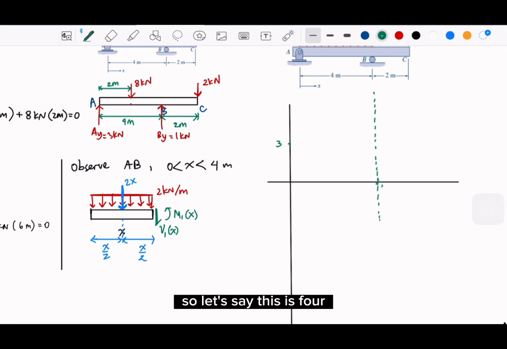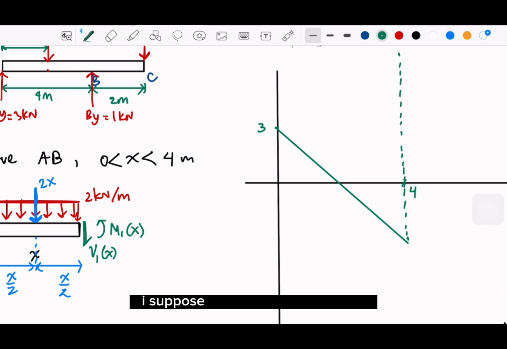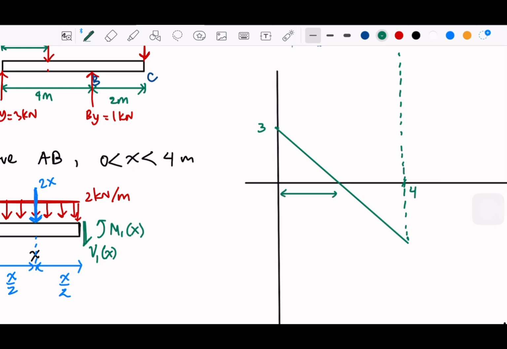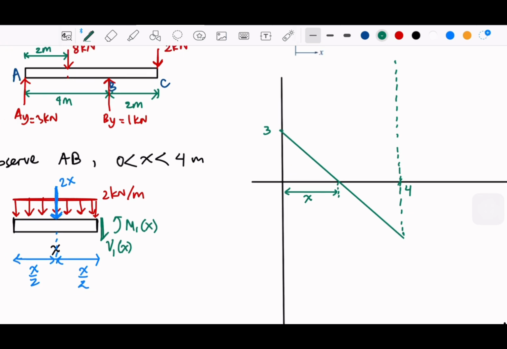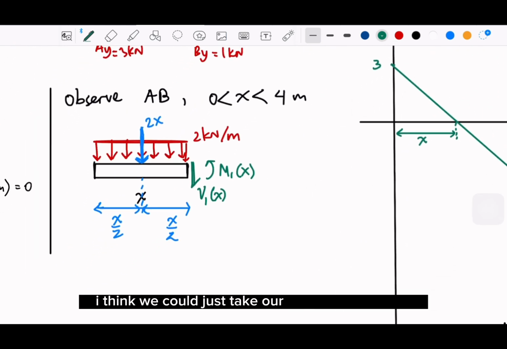So let's say this is 4. We would like to know this part here. Suppose this is going to be x. To find x, we could use our observation from before.